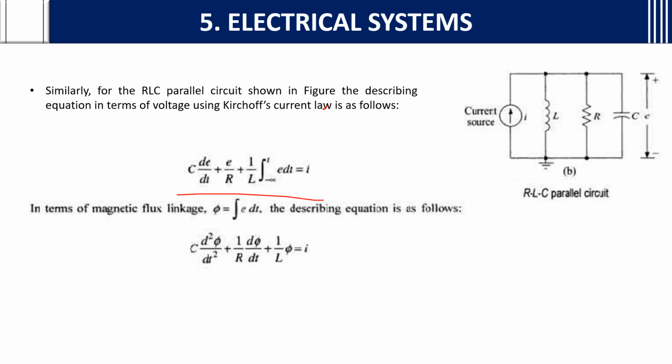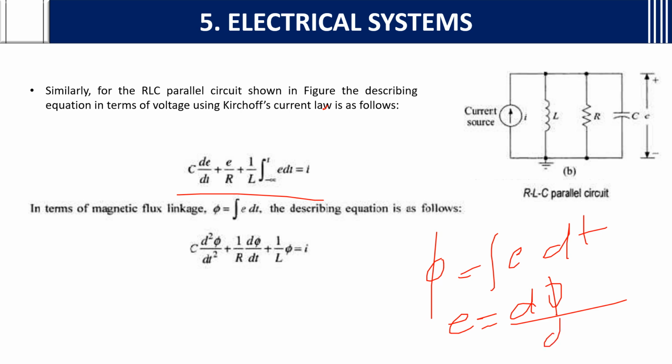We can mention phi is equal to integral E dt. How can we do this? We know that E is equal to d phi by dt. Electrical flux: voltage is equal to the rate of change of flux. So if you want phi, the differentiation goes to the other side and it becomes the integral of E dt.